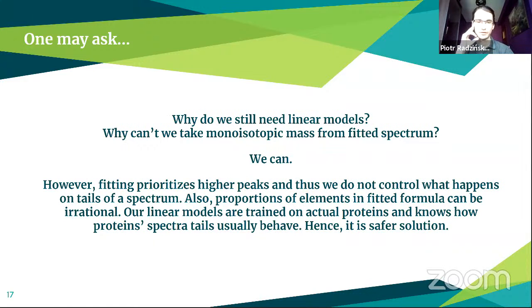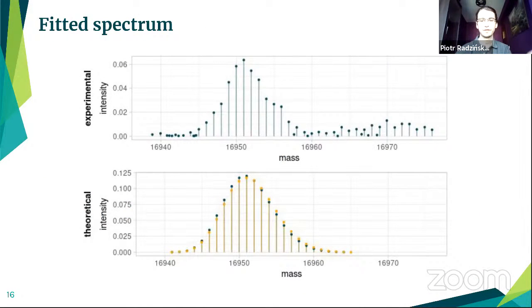And the question that often appears is why we can't use this fitted spectrum to just take the monoisotopic peak from it. Why do we need this part with linear models? Maybe it's not necessary. We think that it is necessary because it's a safer solution, because we have no idea if the fitted formula is even similar to any possible protein.